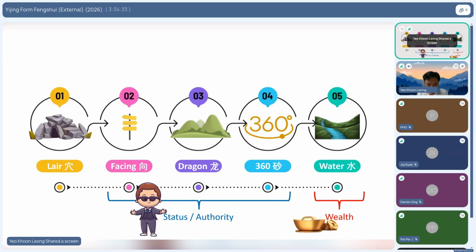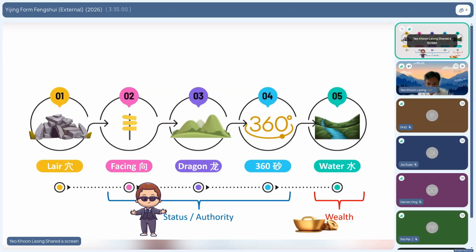Water flow, the last node, determines your wealth. Now, when I say wealth here, it's not small money, but really big wealth. It depends on how big your vision is. But if everything else is already working, this big wealth has one condition: the other nodes must already be working very well.